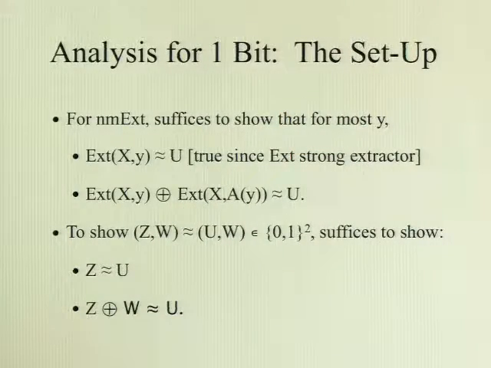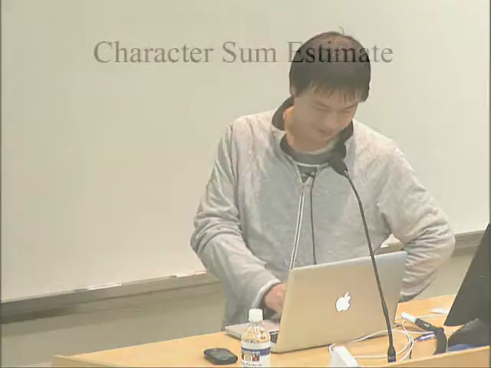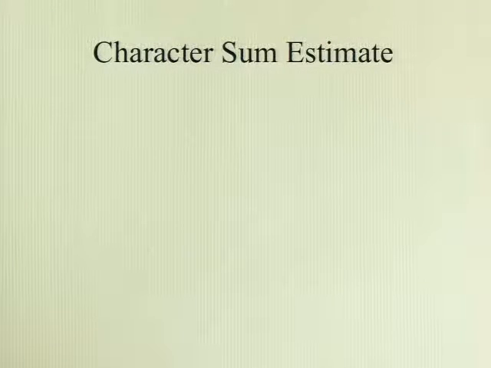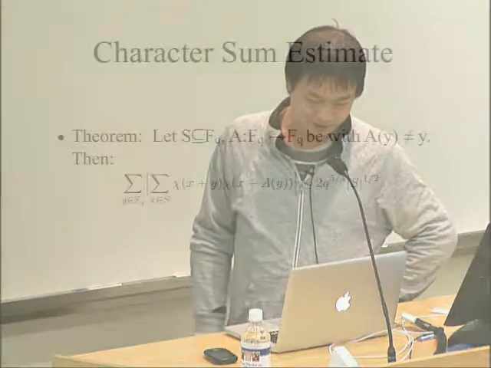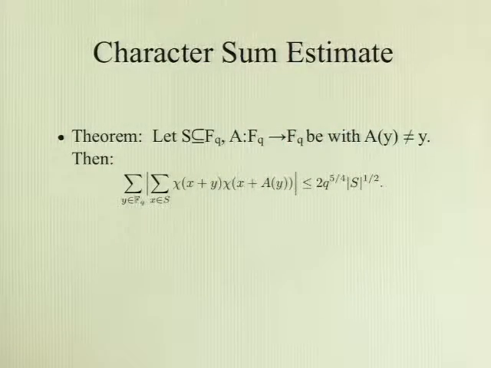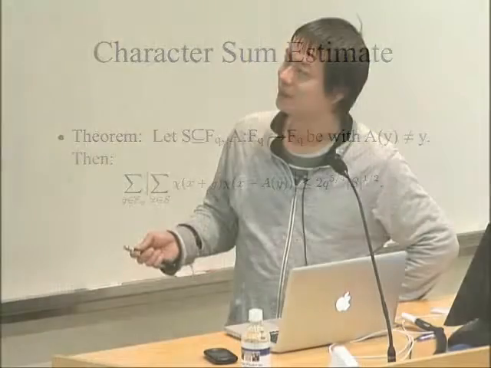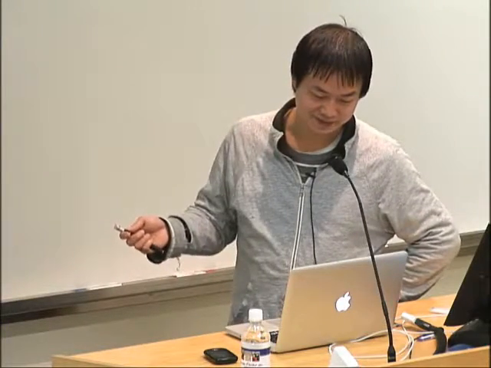Yeah, and this is essentially the same thing as above, that you want to show the first part is close to uniform and that this XOR with this is close to uniform. So to prove this, the main tool we use is a character sum estimate. This is a little messy here, but the main thing is that this S you can think of as the support of the weak random source, which is a subset.